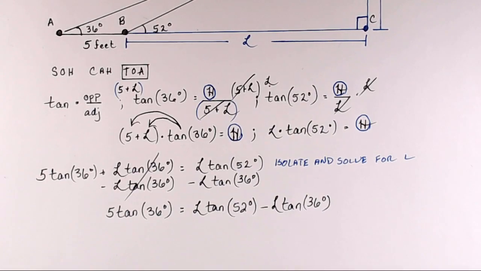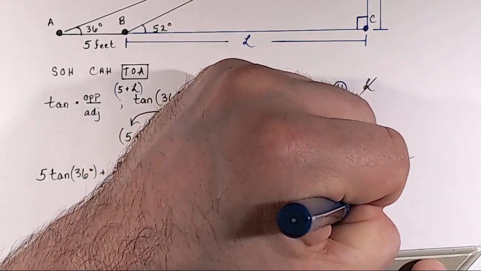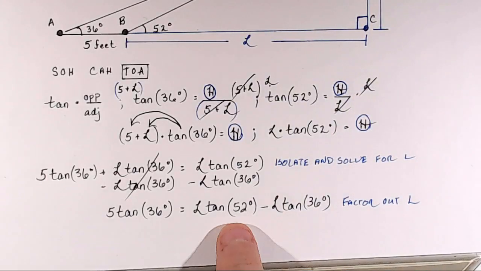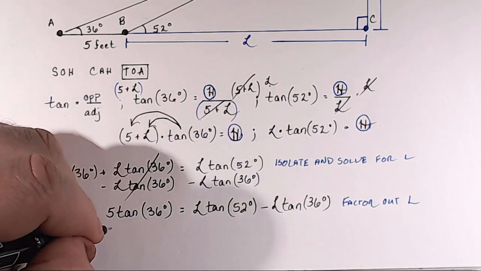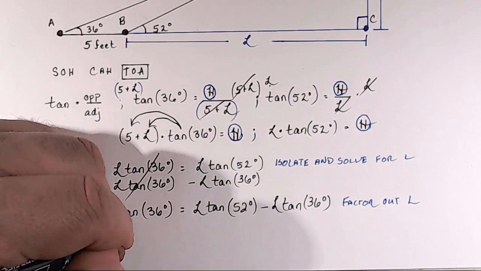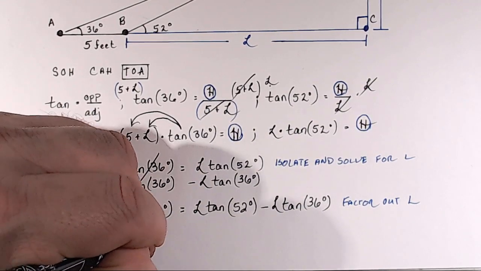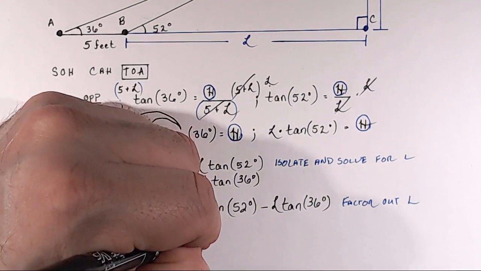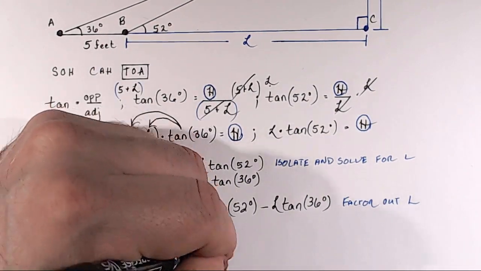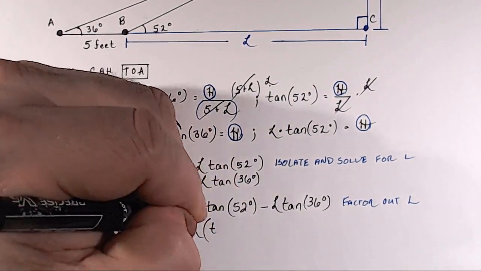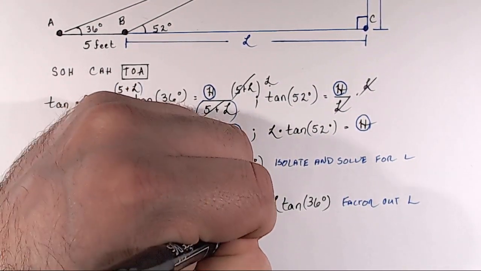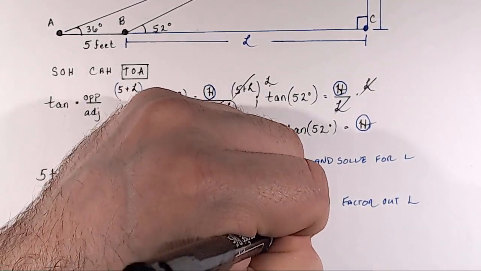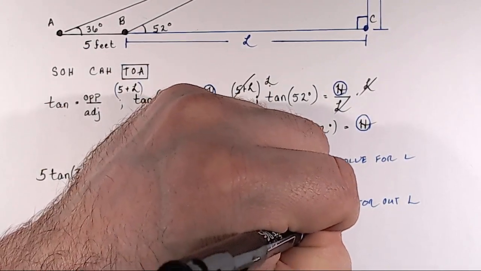And now what I will do is factor out L on the right side. So on the left side, I've still got 5 tan 36 degrees equal to L, which I've now pulled out, open parentheses, tan of 52 degrees minus tan of 36 degrees.